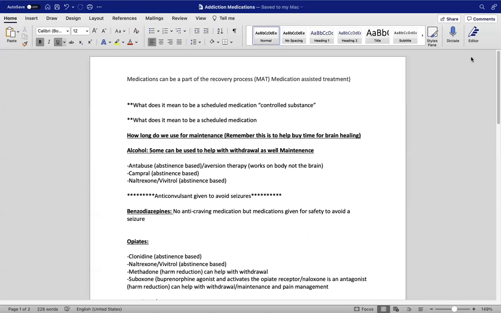And then we go to Schedule 4, which is something that hits a nerve with me every time I talk about it. You will see it when I lecture. An example of that would be Ativan, Ambien, and benzodiazepines in general. It's a huge epidemic in many places, but right here where we live, huge.